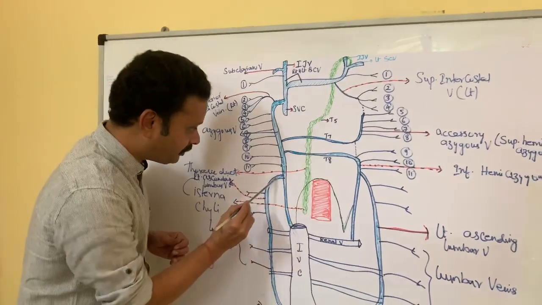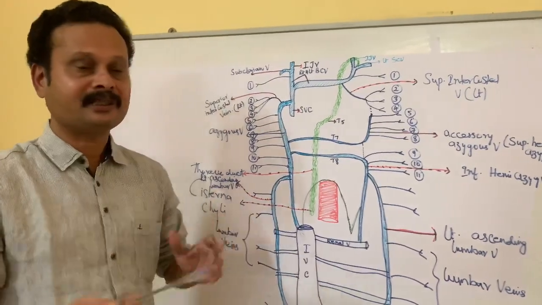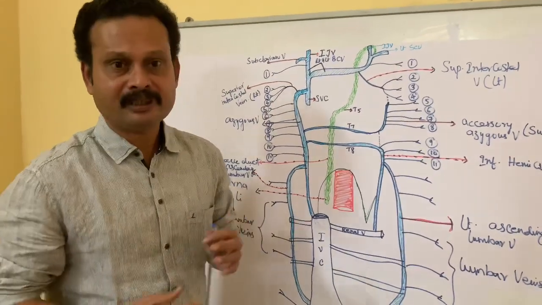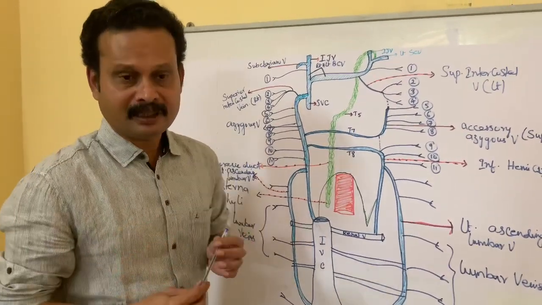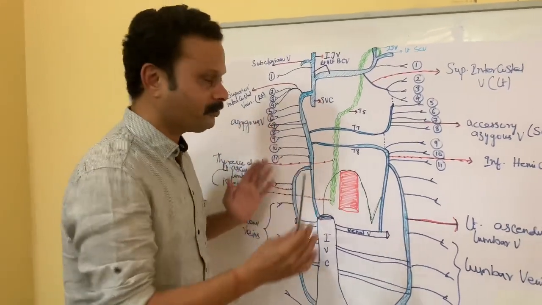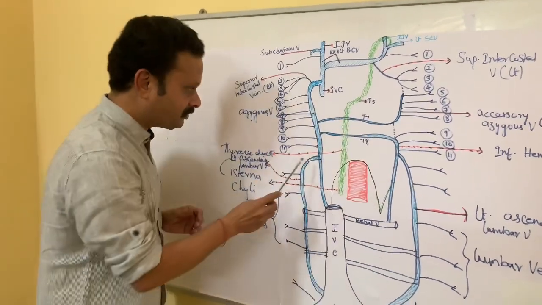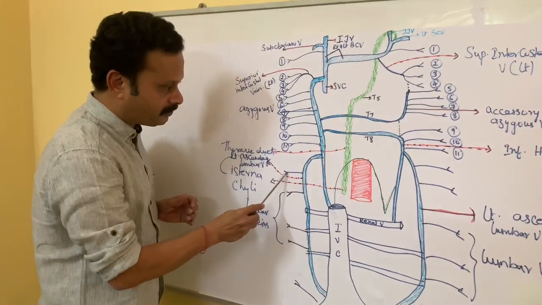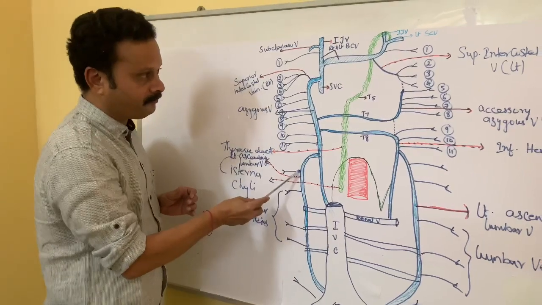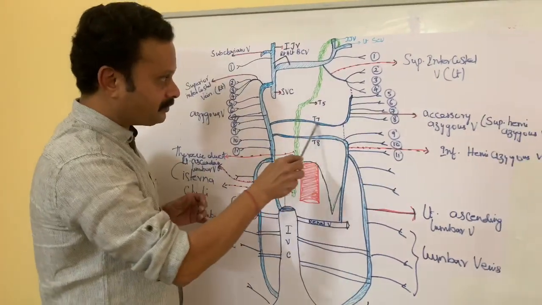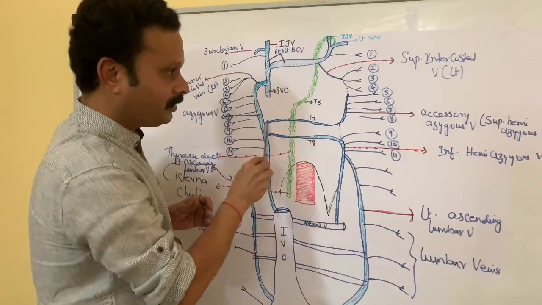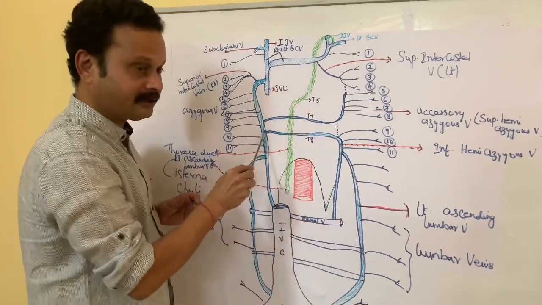First tributary being this one. The last tributary I can say is the right bronchial vein. And the fifth ones are esophageal veins, mediastinal veins, pericardial veins, etc. All these are the tributaries. Again I repeat, the first tributary is formed by the union of the right subcostal vein and right ascending lumbar vein. The second tributaries are the accessory azygous vein or superior hemiazygous vein and inferior hemiazygous vein.